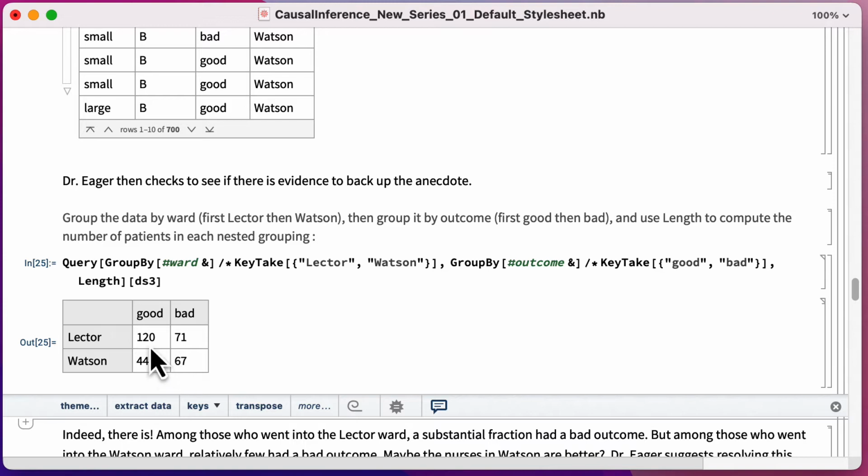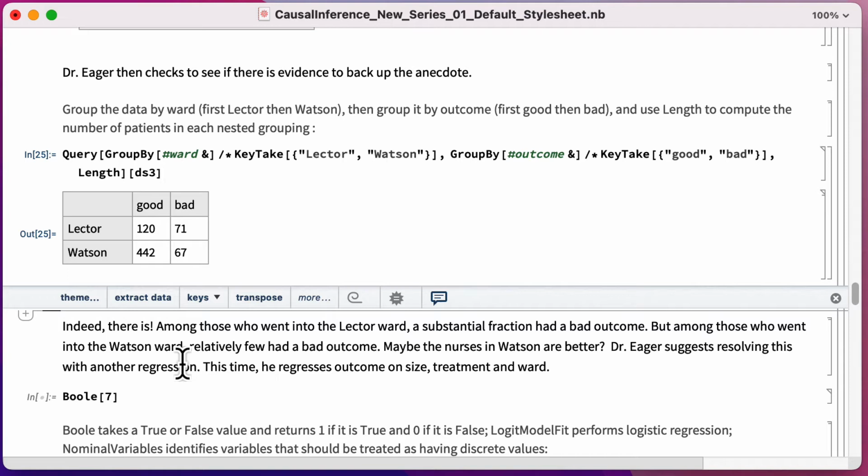And yeah, it does seem to make a difference. Among patients who got sent to the Lecter ward, there's only about a 1.5 ratio between good and bad outcomes, whereas patients who got sent to the Watson ward, that looks like, almost 7-to-1 in terms of a good outcome.